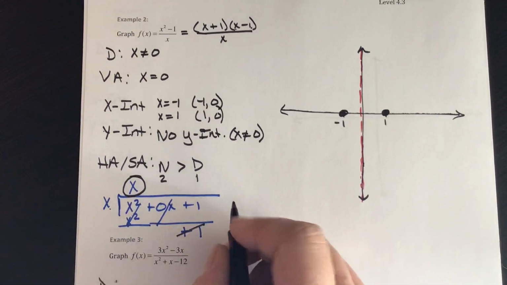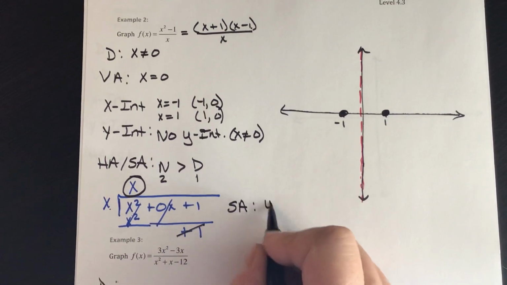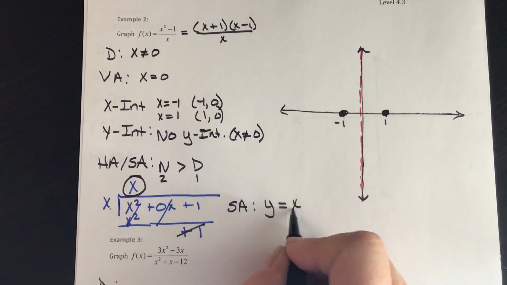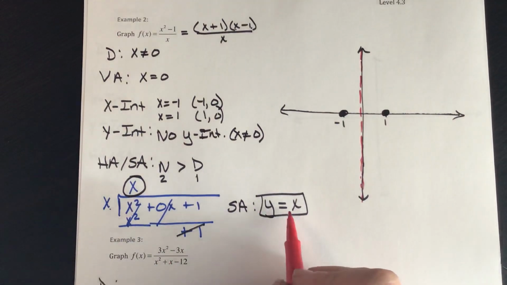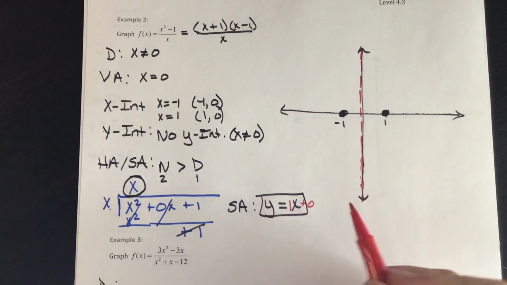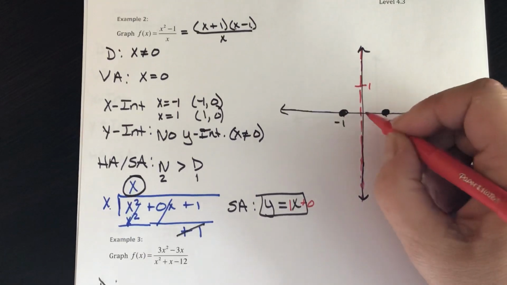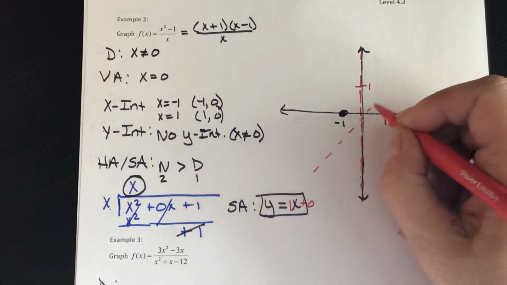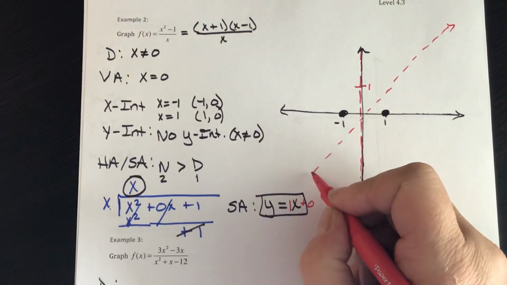So in this case, my slant asymptote is going to be the line y equals x. This means my slope is 1 and my y-intercept is 0. So this is 1 right here. It's just going to be the line y equals x, which is the diagonal line here.